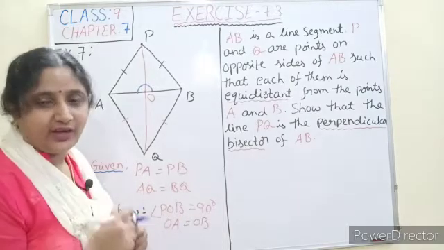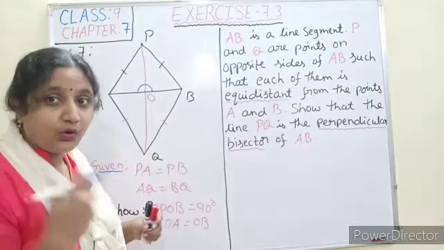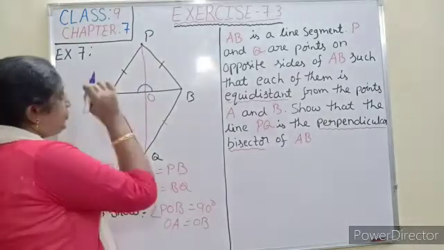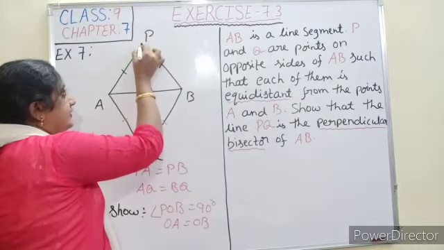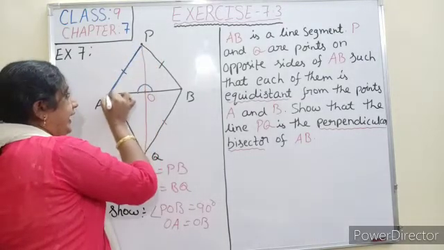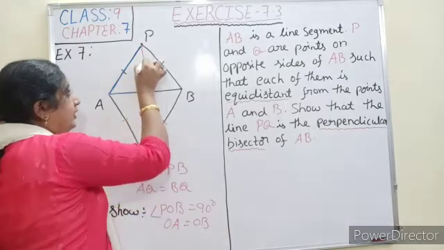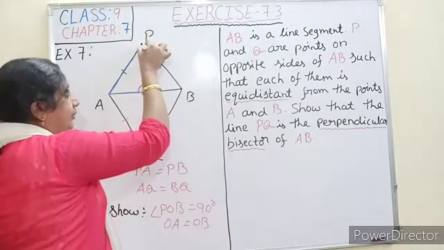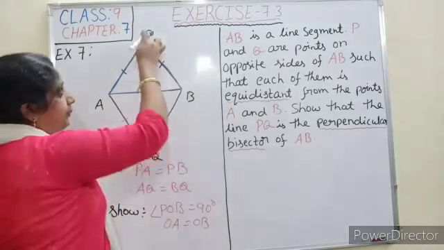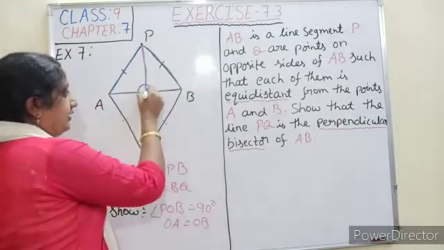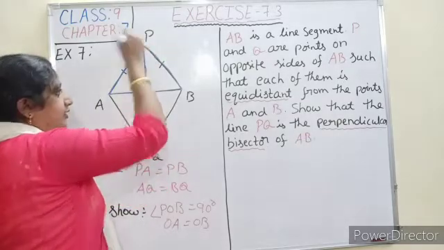For that, you see triangle PAO. You observe only this triangle PAO and triangle PBO, this triangle. Okay children?